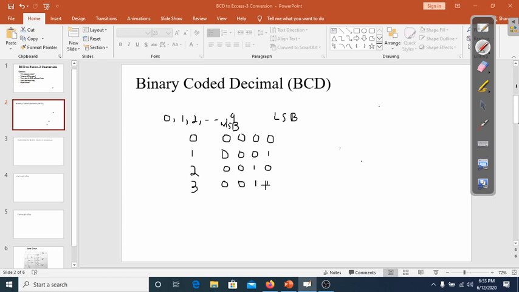So 2 plus 1 is equal to 3. So for 4 this is 0, 1, 0, 0, and so on. For 9 the BCD code would be 1, 0, 0, 1.